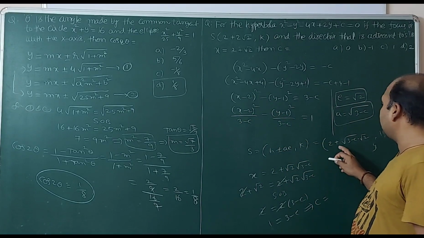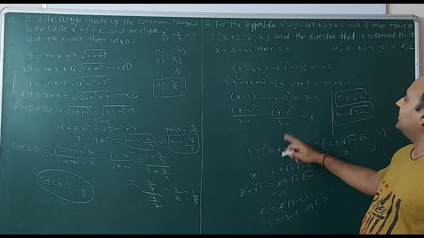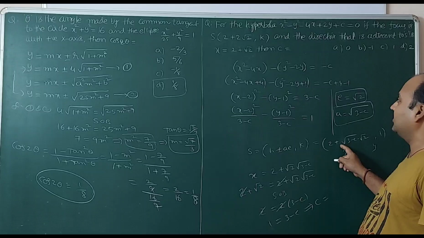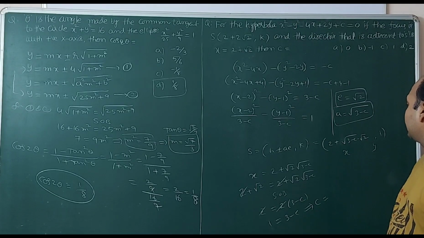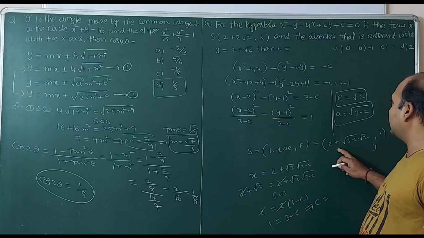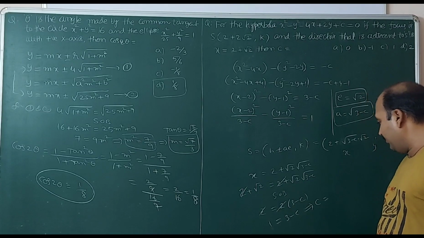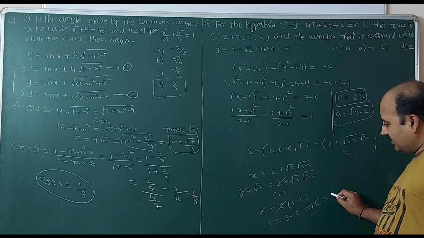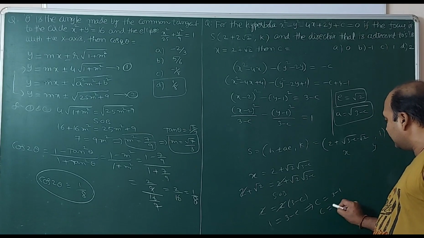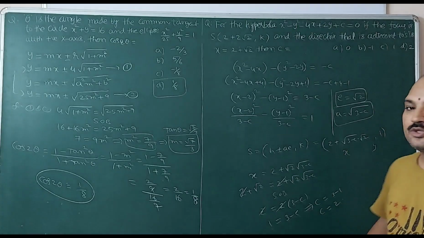But foci is what? h plus or minus ae. 2 plus root 2, you can equate, dear students. Minus you can, because 3 minus 1 will come. c is equal to 2. c is equal to 2 is there.